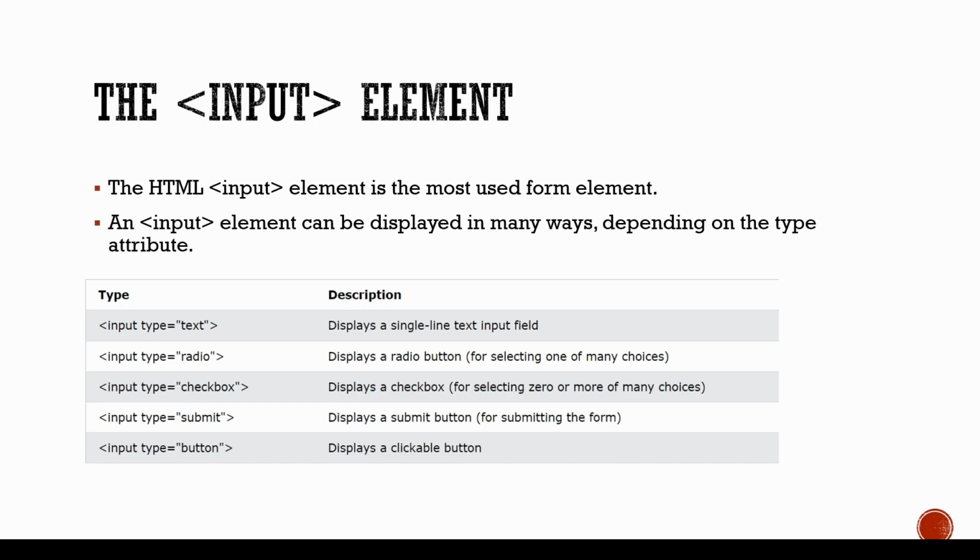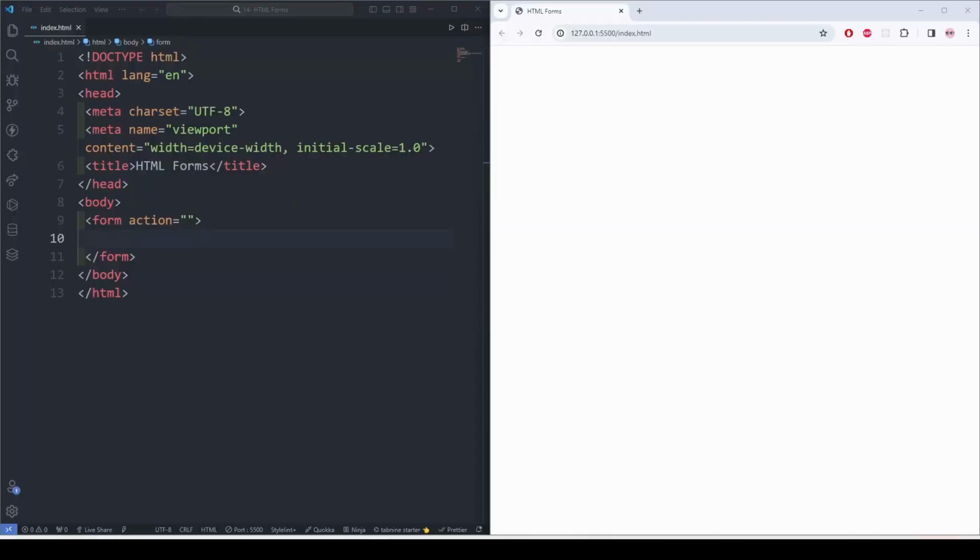Now let's have a look at them in our code. We have opened up our VS Code and taken a form tag, and inside the form tag, we are going to write input, and the type is going to be text.